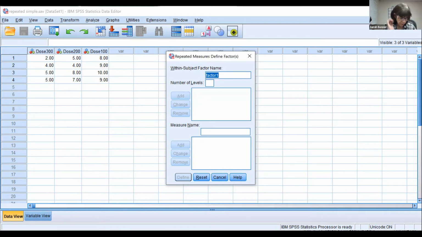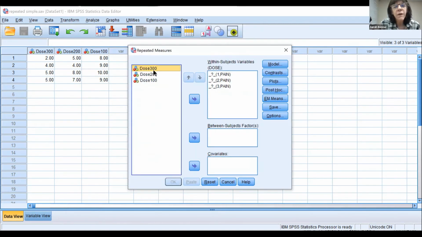Our within subject factor name is the different doses, and we have 3 different doses. So we tell it we have 3 levels of the independent variable. And our measure name is pain. That's the outcome variable that we're interested in, the variance in the outcome of pain.